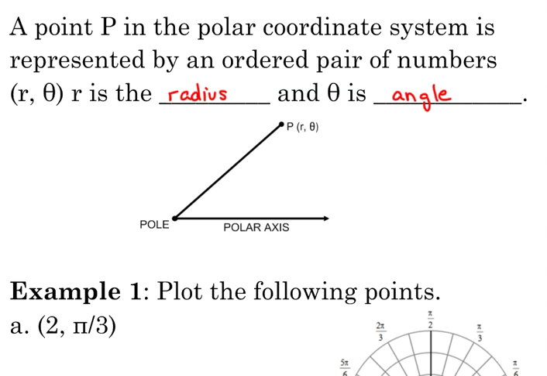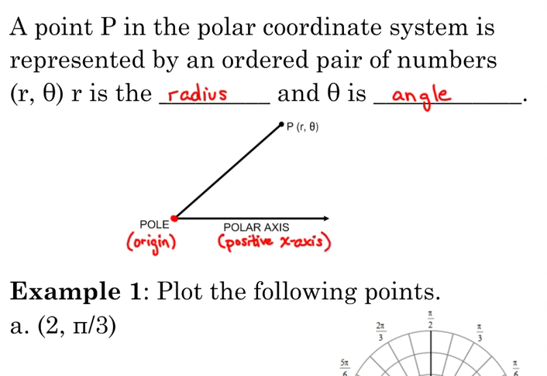So here we have an example of the basic polar system. The pole is like the origin. That's just the name in the polar system, but that's like your traditional origin. The polar axis is always the positive x-axis, so it's consistent with all that we have been doing so far.